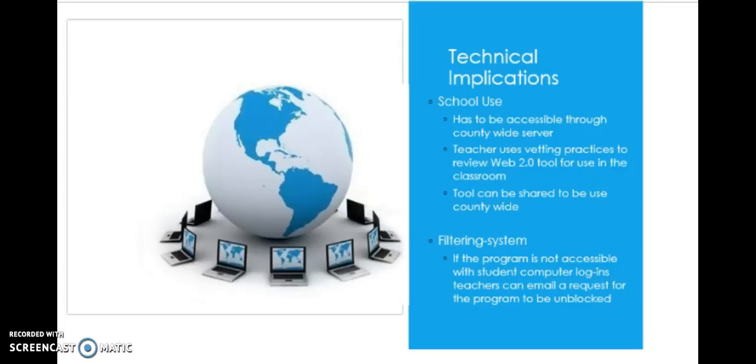Thinking about the filtering system and having that access through the countywide server, the Office of Technology, if this were to be blocked, would allow you to email them to give reasons for students to have access to this website as you see best fit for your curriculum instruction.